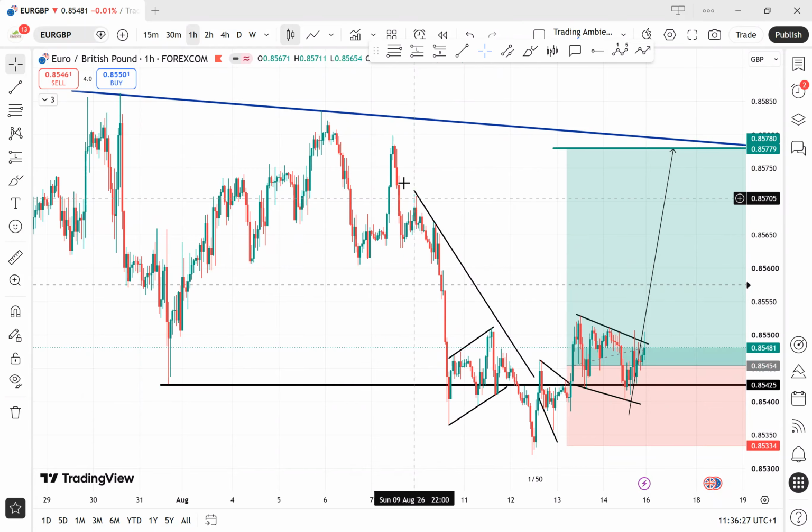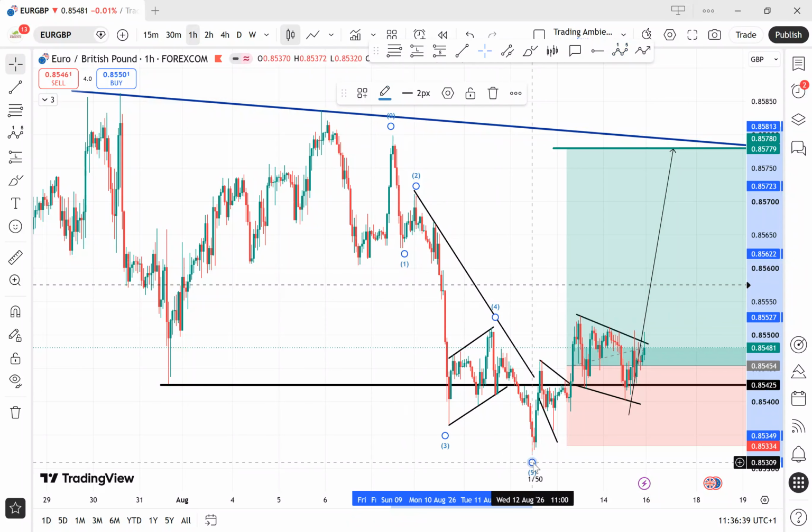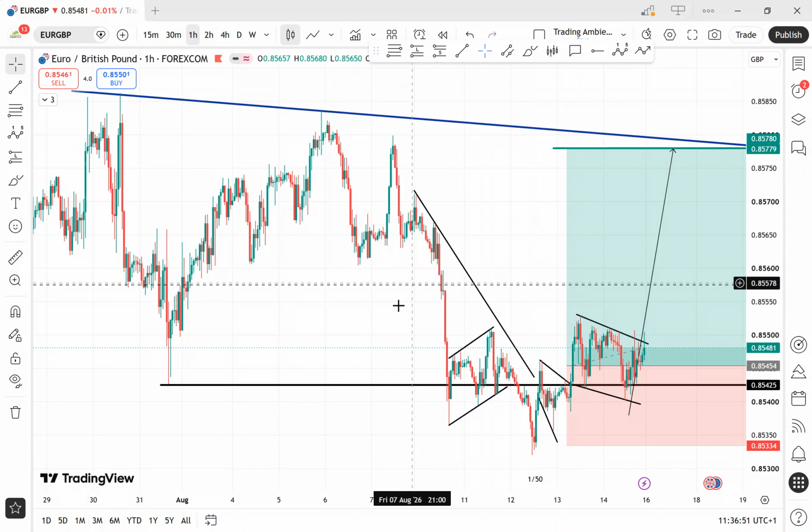Looking at this, I believe this is a 5 wave pattern. So we have one, two, three, four, five. As you can see, from 0 to 1, 2, 3, 4, 5, the normal Elliott wave reversal pattern.